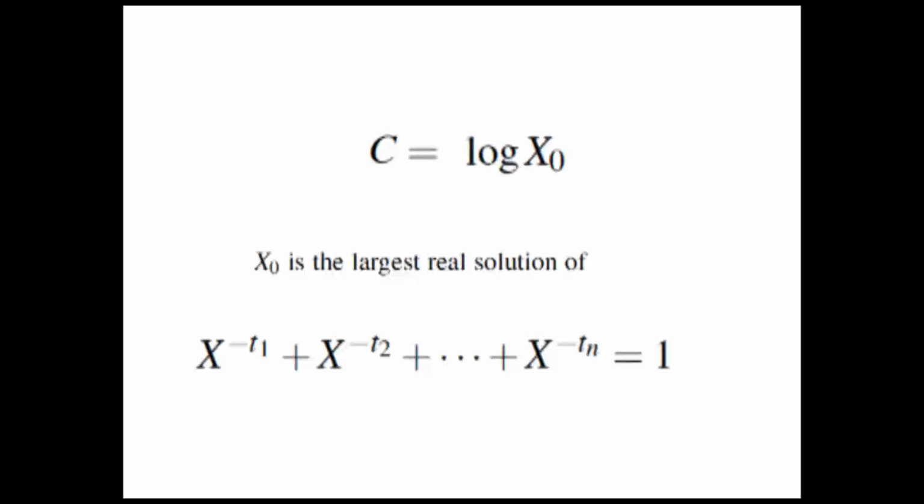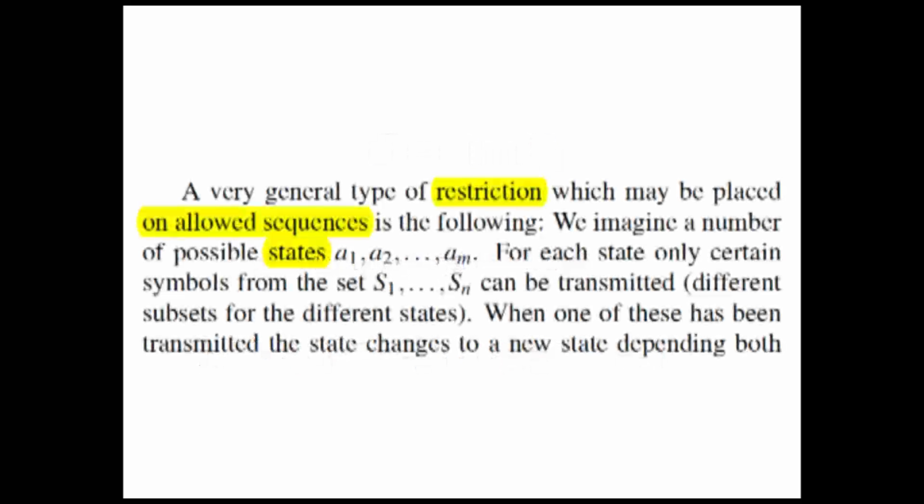And then he goes on to generalize that when, in fact, not every sequence is allowed. So in fact, now we have to introduce redundancy, just like when you introduce redundancy in an error-correcting code. But now it's not because we want to fight some possible noise. There is no noise here. Now it's because some sequences are not allowed. And of course, that's what happens in telegraphy.